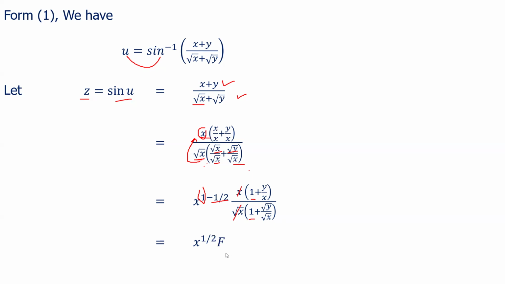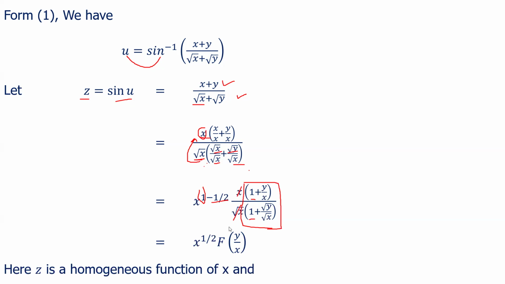So it can be written as x to the power 1 by 2, because 1 minus 1 by 2 is 1 by 2, and the remaining term can be considered as f of y by x, which has 0 power. So z is a homogeneous function of x and y of degree 1 by 2, and z is equal to f of u, which is nothing but sine of u.